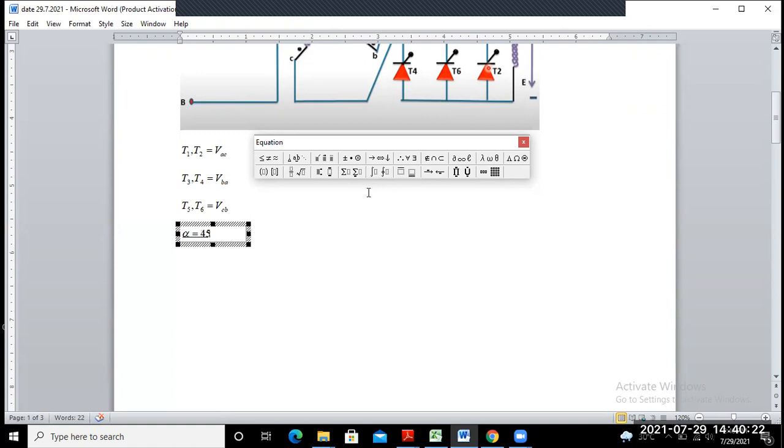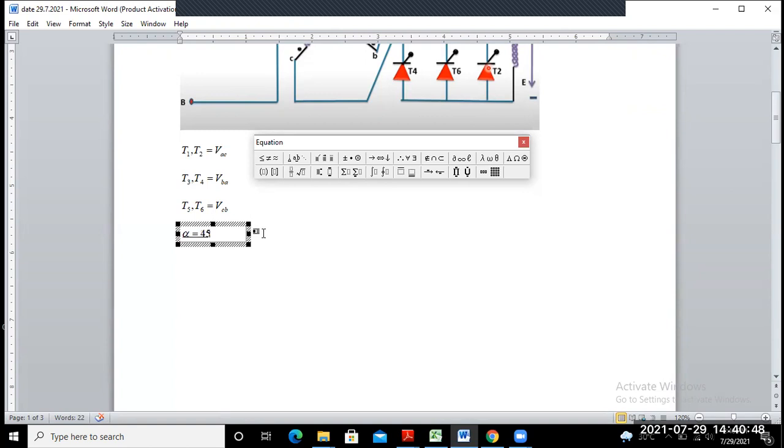The thyristor starts conduction from the delay angle whenever you provide the gate pulse. If you consider 30 degrees, the thyristor will start conduction from 30 degrees. If you consider 60 degrees, then the thyristor starts conduction from the 60 degree delay. So this is your delay angle, that means at this instant you provide the gate pulse to the thyristor.